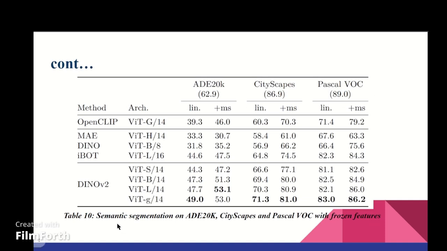Now coming to semantic segmentation, here you can see it was tested on various datasets such as ADE20K, Cityscapes, and Pascal VOC with frozen features, and in most of the cases it is outperforming the SOTA models.